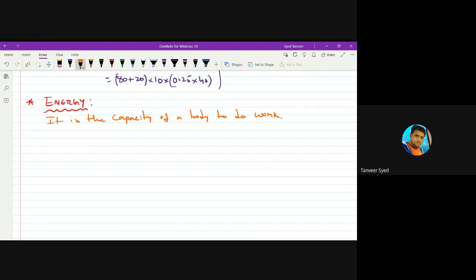Capacity of a body to do work is energy. You get your energy from the food that you eat to do your day-to-day activities. To walk, to run, to read, to go to school, you need energy. From where do you get that energy? From the food that you take. So that's why your parents always insist you to take good nutritious food.